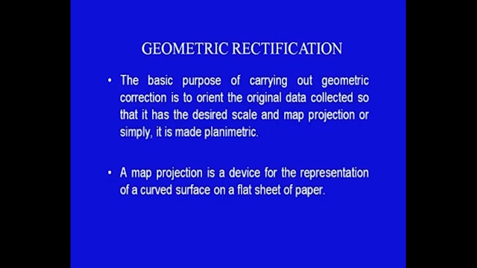The basic purpose of carrying out geometric correction is to orient the original data collected so that it has the desired scale and the map projection, or simply we can say it is made planimetric. A map projection is a device for the representation of a curved surface on a flat sheet of paper.